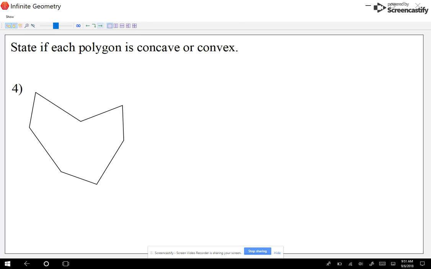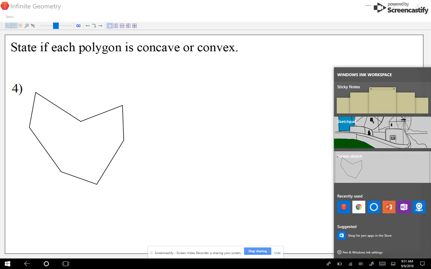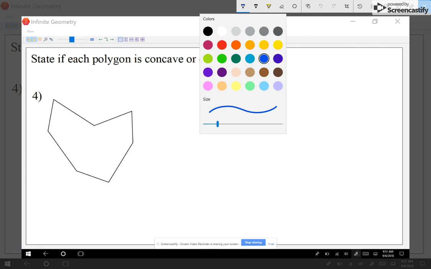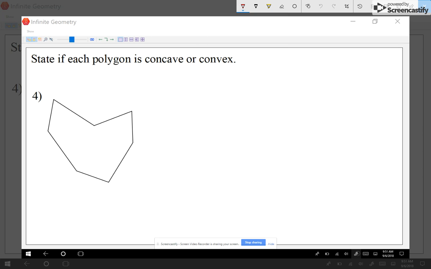Okay. Making it simple. Now looking at this, it's asking me if the polygon is concave or convex. For these, I start thinking of the diagonals. Diagonals, remember, are the segments that connect 2 corners, with the exception of the sides, obviously. So if I can think of a diagonal that is outside of the picture, that is what we're going to call concave.